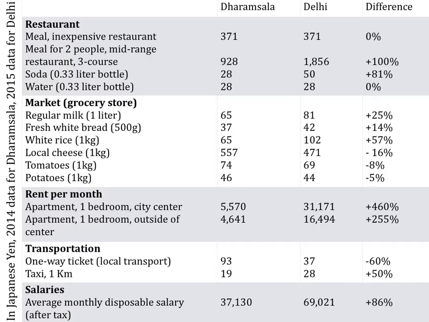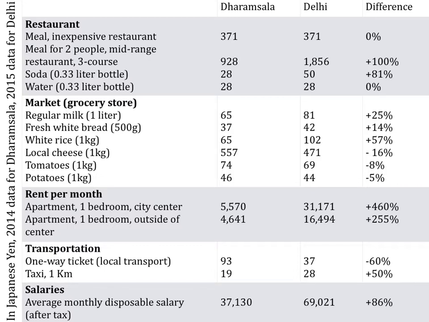In terms of drinks, soda is clearly more expensive in Delhi, which kind of surprises me because I would have thought that with the distance that the drinks have to travel, they would actually be more expensive in Dharamshala. As for water in a restaurant, the price is the same.